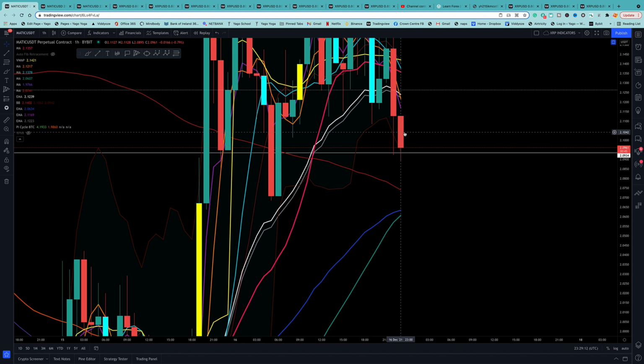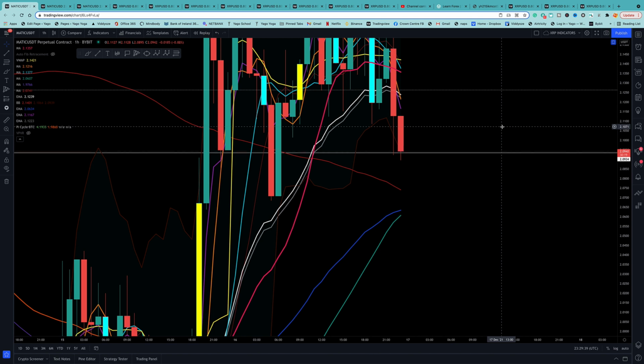Because if the last 4 hour of the day is up, it makes it more difficult for the day to stay going down. So it's always a good sign when you see the hour and the 4 hour putting pressure on the 12 and the day at the end of the day.